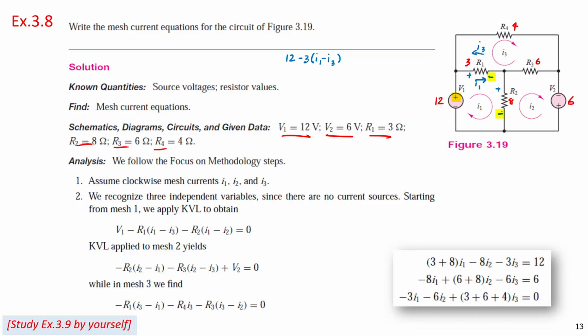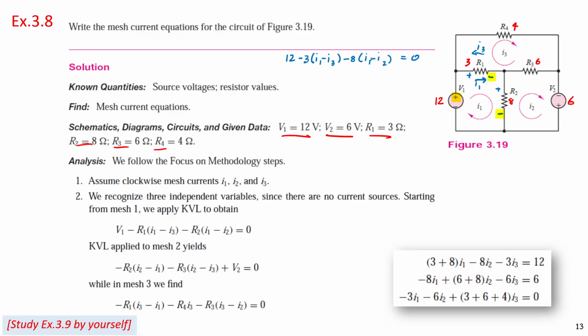How much for this current? This voltage is negative, negative 8 into I1 minus I2, right? This is our first equation.